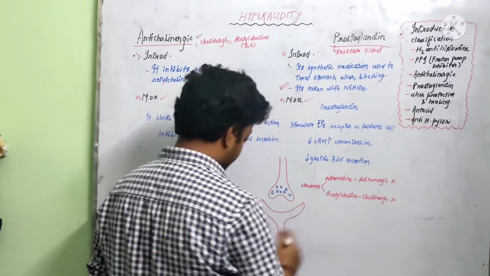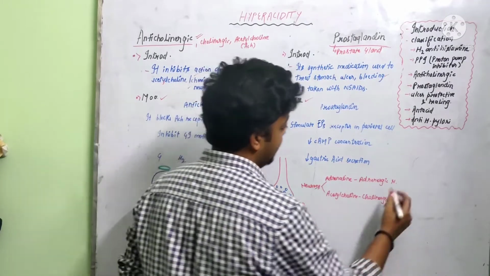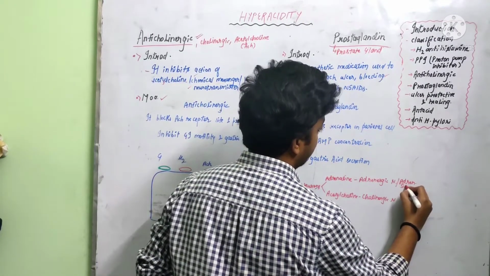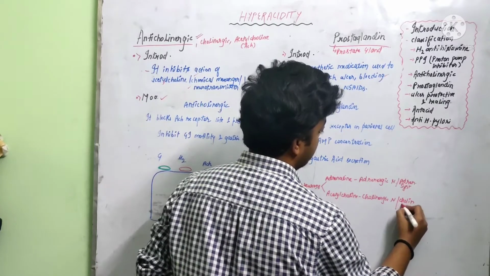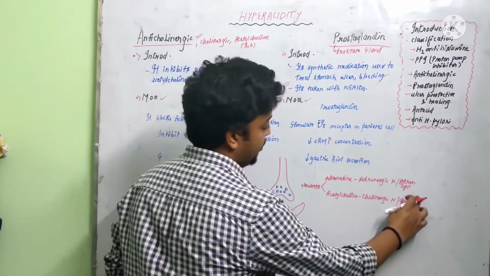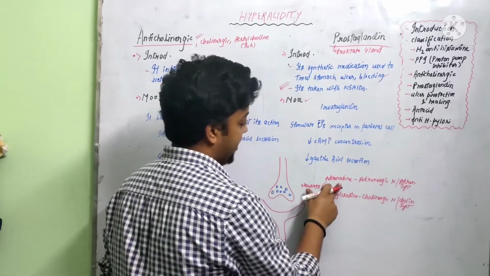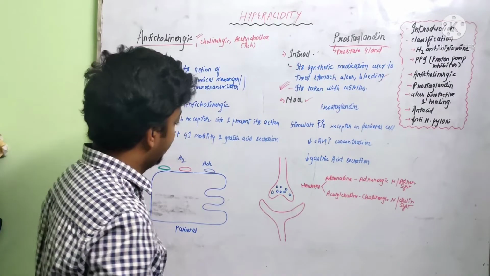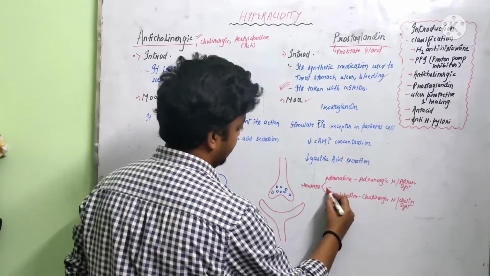And the system which includes this type of neurons is called the adrenergic system, and in this case we'll say this is the cholinergic system. That means this system includes the neurons which release acetylcholine, and this includes the neurons which release adrenaline as the neurotransmitters. Okay. So now let us assume that here the transmitter that is released is acetylcholine. Okay.